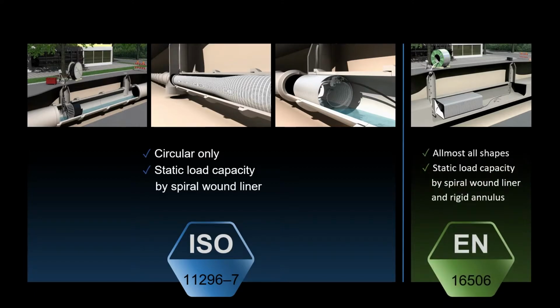And on the other side, we do have the EN 16506, the rigidly anchored plastic inner layer, where we can run through almost all shapes of host pipes, and where we have the static load capacity given by the spiral wound liner, but mainly by the rigid annulus, which is filled with a cementitious mortar or concrete and some steel reinforcement in case you need.